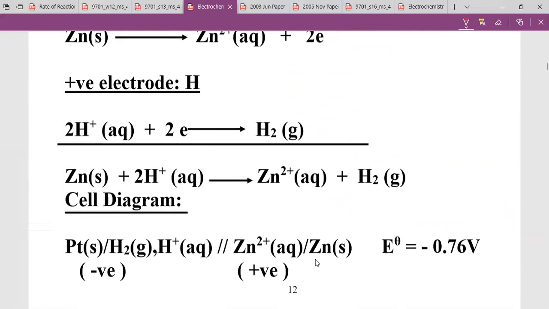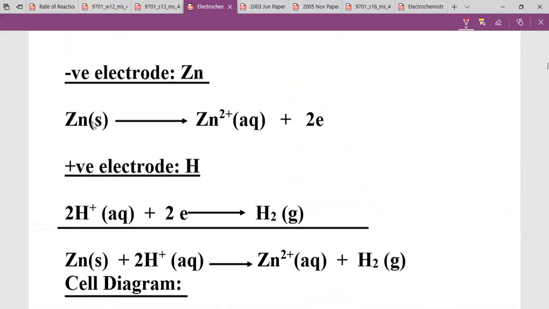Now this is the overall. This zinc is oxidation, the negative electrode. This is your reduction, this is a hydrogen electrode.